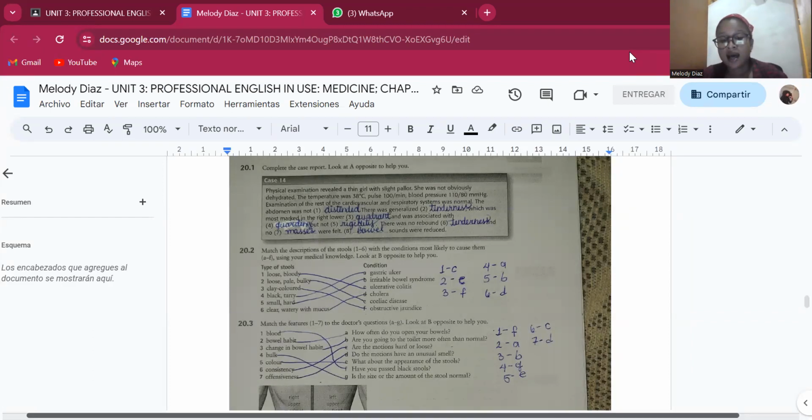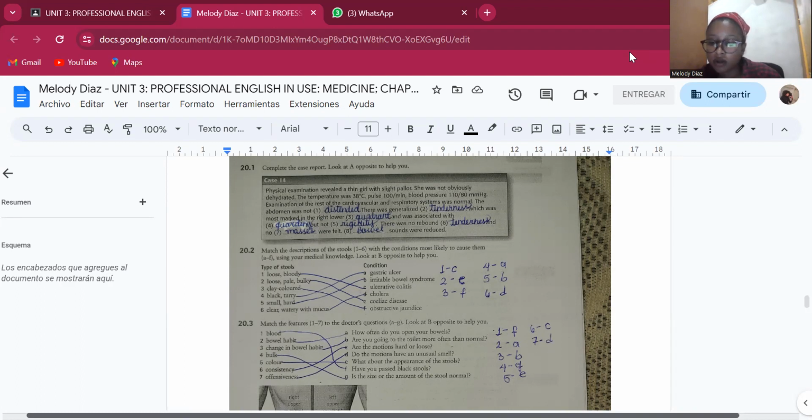revealed a thin girl with slate pallor. She was not obviously dehydrated. The temperature was 38 degrees Celsius.